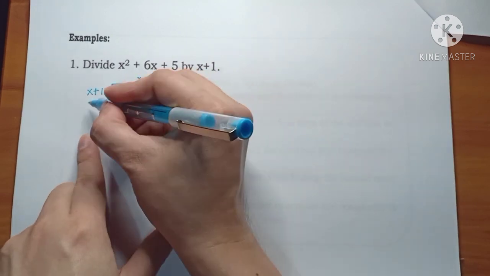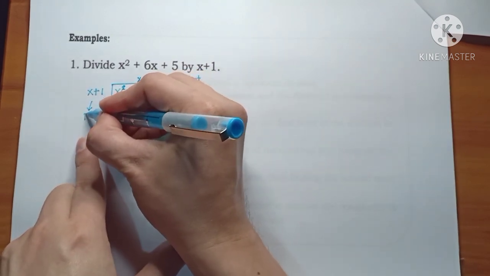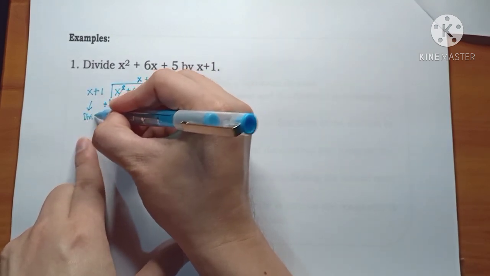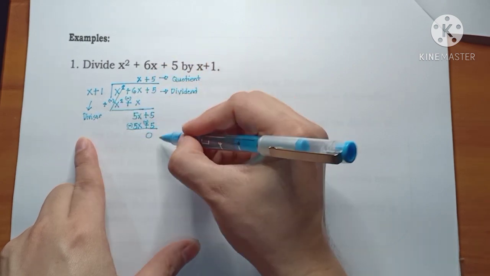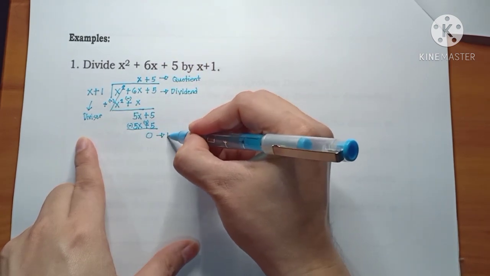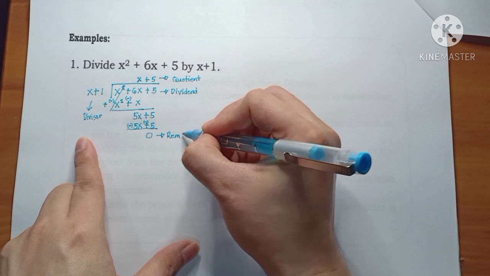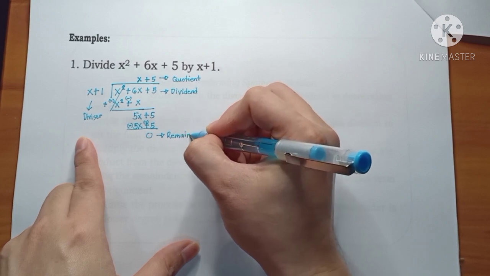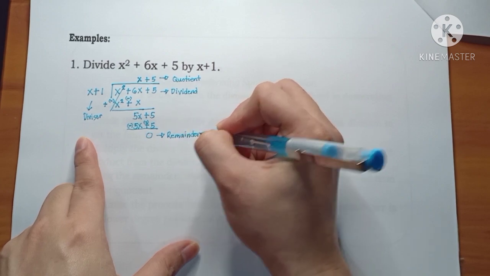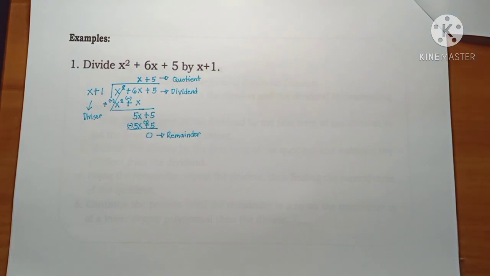This is the divisor. And this is the remainder.